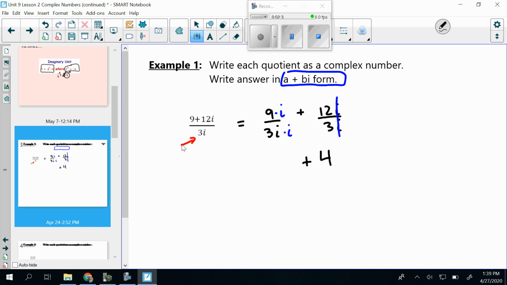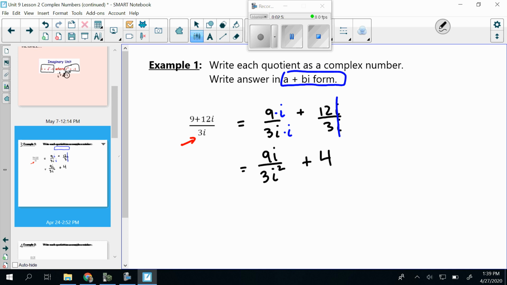So what we're going to end up with on this one is 9i on top, and on bottom we'd end up with 3i squared. That might not look more simplified, but it is, because anytime you have a power on the i, you can simplify it.